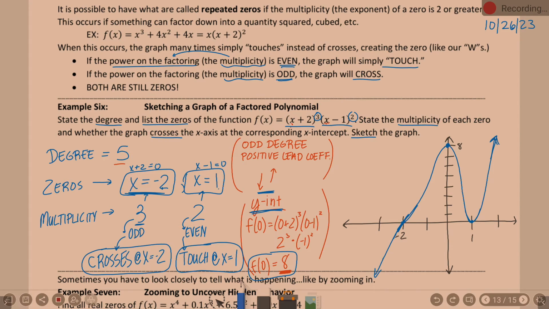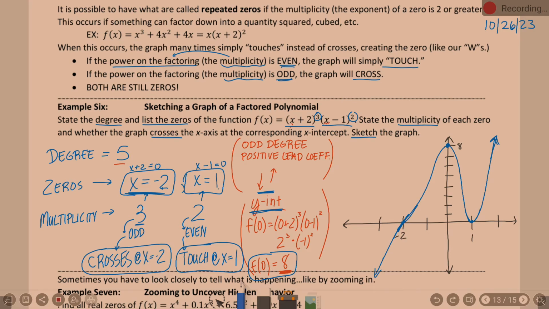Have you looked down on the calculator yet? Yeah, it does. Okay, it's hard to explain a little bit there, but if you pull it up on the calculator, there's going to be a little jog there, and that is because the higher the multiplicity, the more the graph kind of flattens out there.